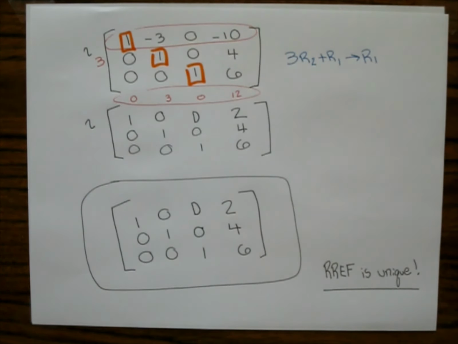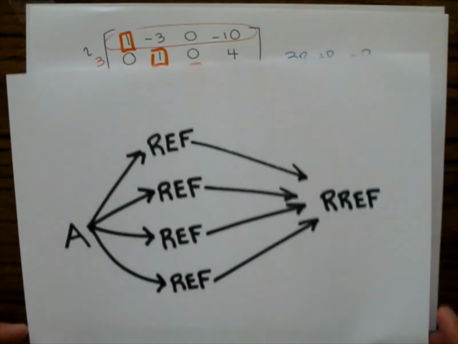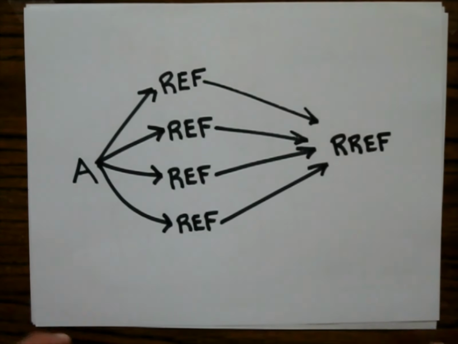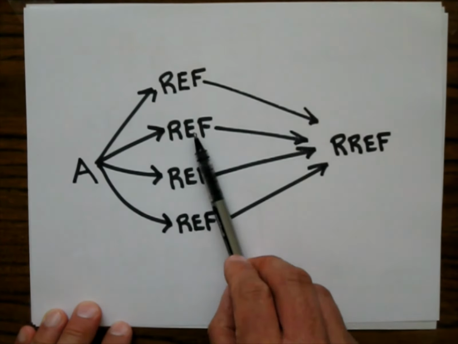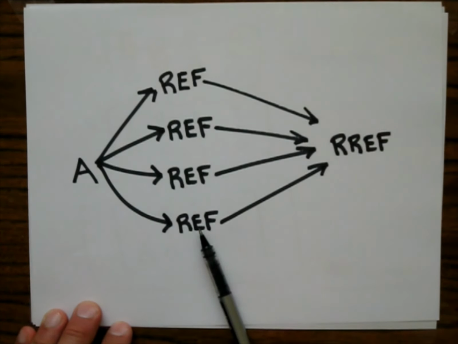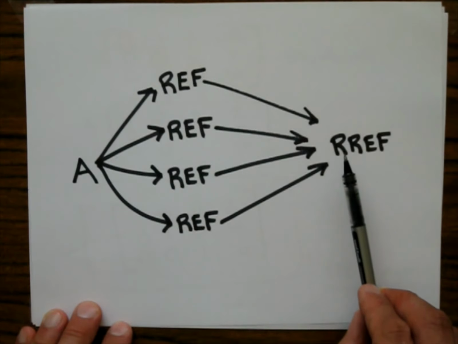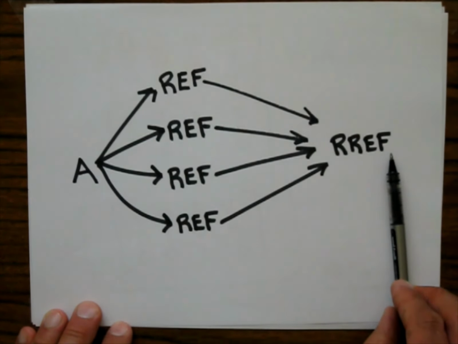But RREF, you should get exactly what they get because it is unique. So here's a picture that I drew, and I know this is kind of a silly picture. We have that matrix A. There's lots of different REFs, but there's only one reduced row echelon form.